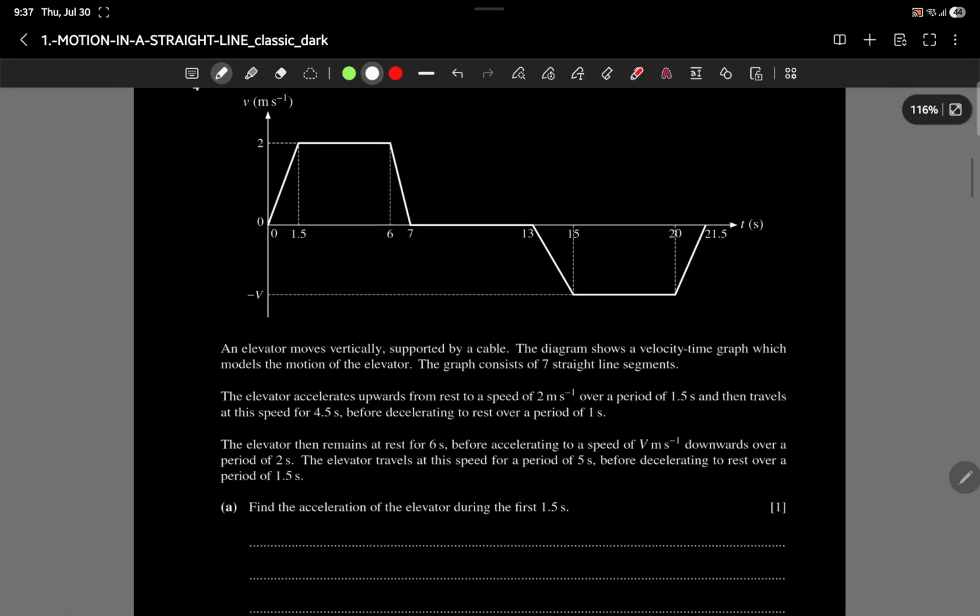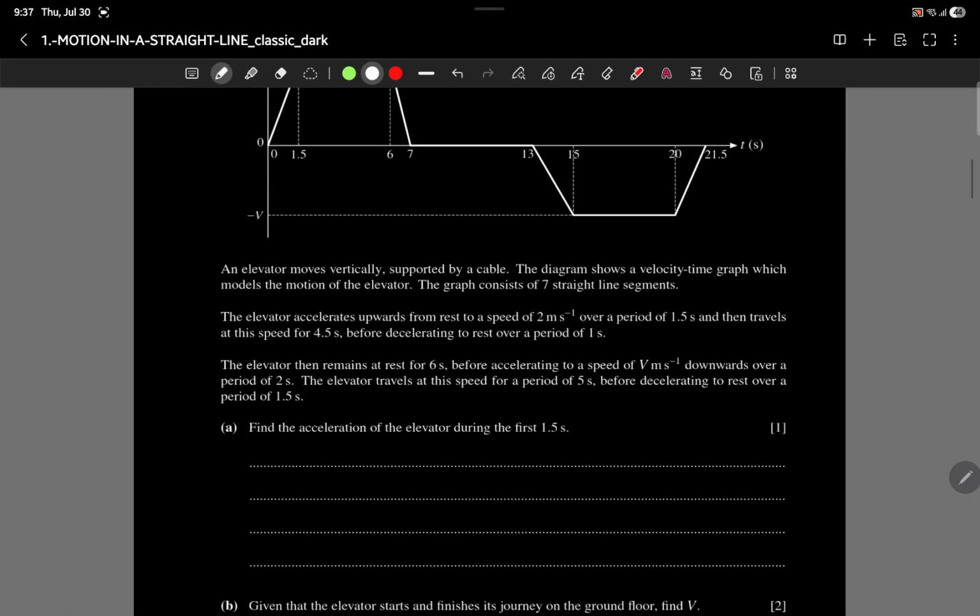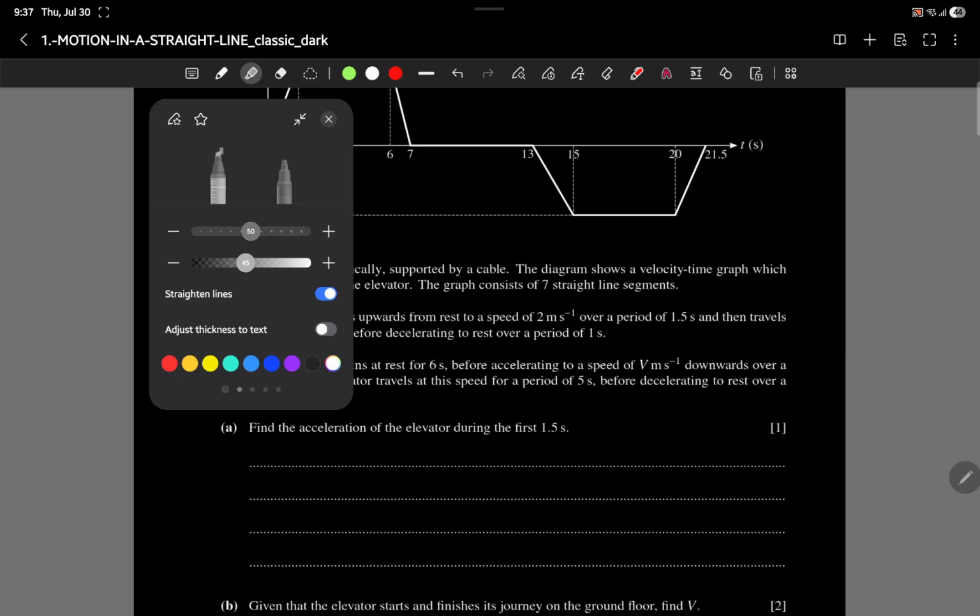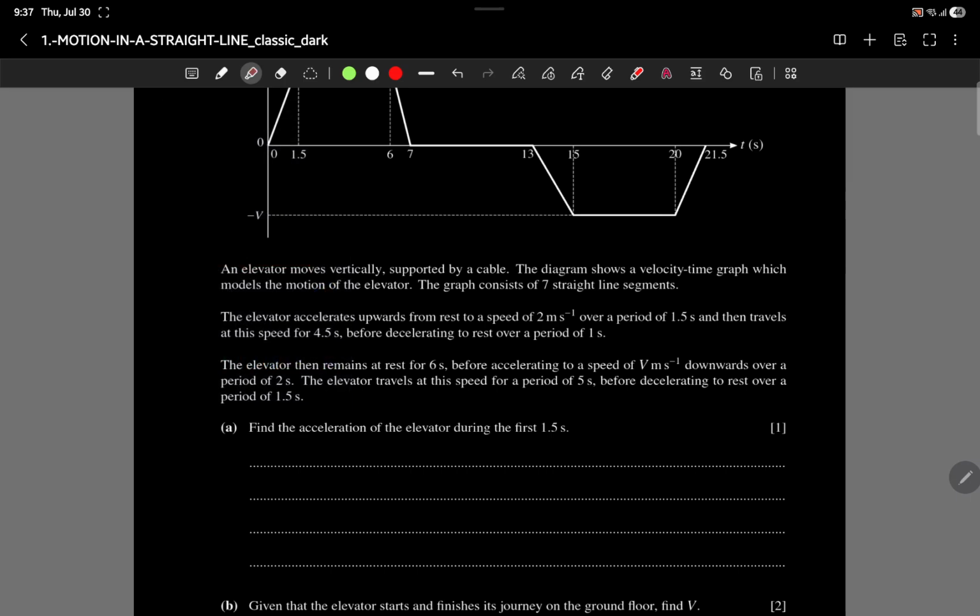Okay, then again the graph is given here as well. An elevator moves vertically, supported by a cable. The diagram shows a velocity time graph which models the motion of the elevator. The graph consists of 7 straight line segments.